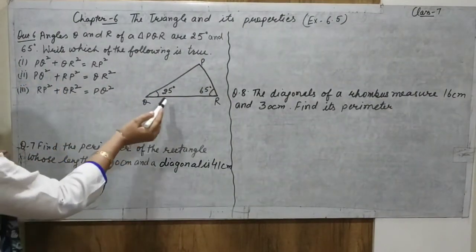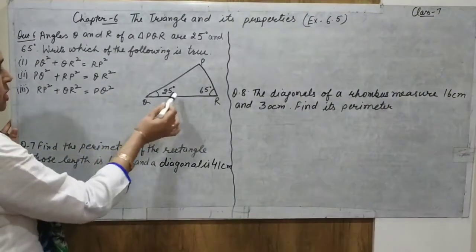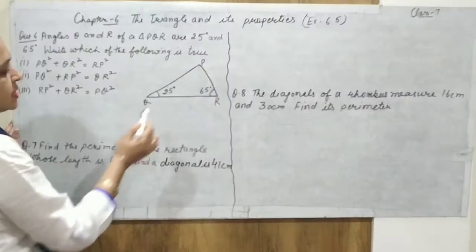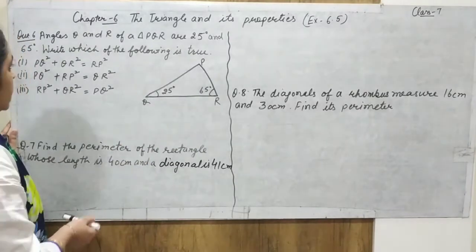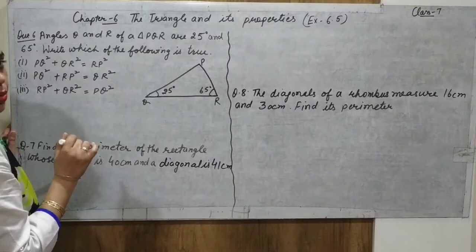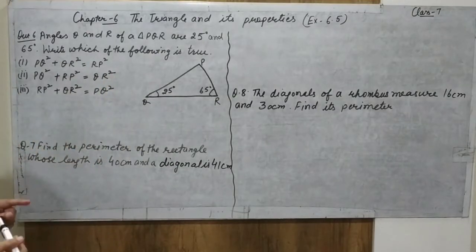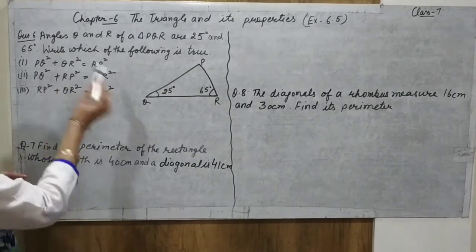It is given, and also shown in the diagram, that angle Q is 25 degree and angle R is 65 degrees. Now, write which of the following is true. We have to give the reason or just tell which statement is true.